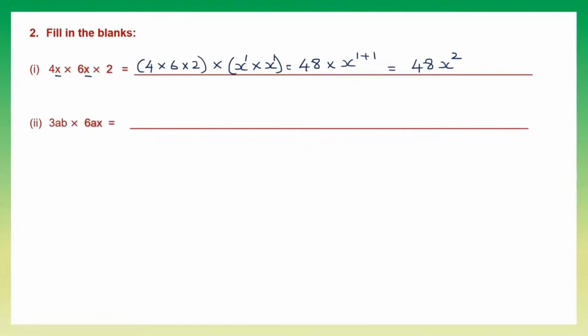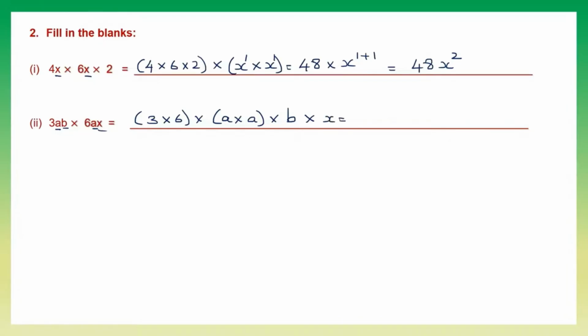Question 2. 3ab into 6ax. Let's take the numbers. 3 into 6 into, let's take the a's. There's 1 here and 1 here. So a into a into, we have b by itself. So we'll write b into, we have an x. So we'll take x also.